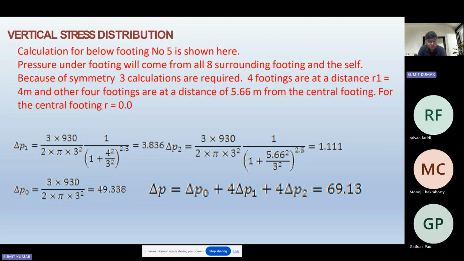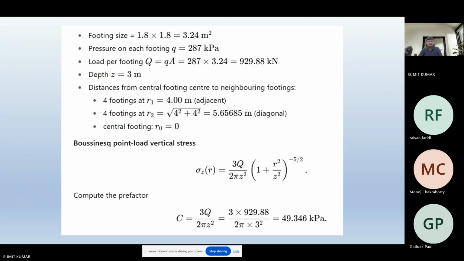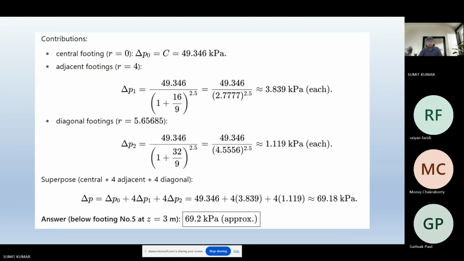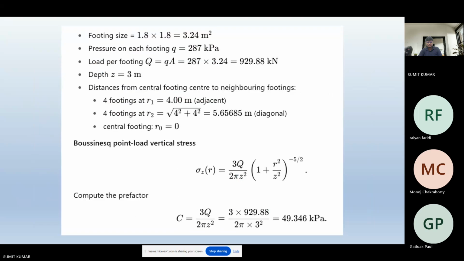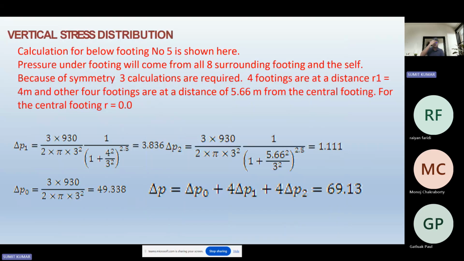So this is the continuation of the previous problem itself. So the solution is mentioned over here that, as I have mentioned, the R value is 4 root 2.